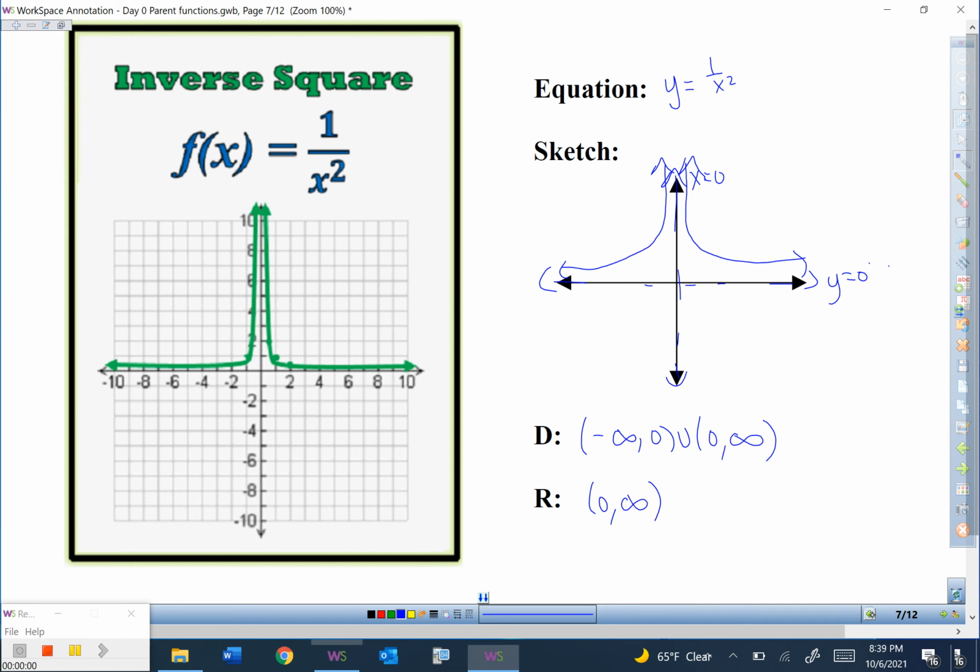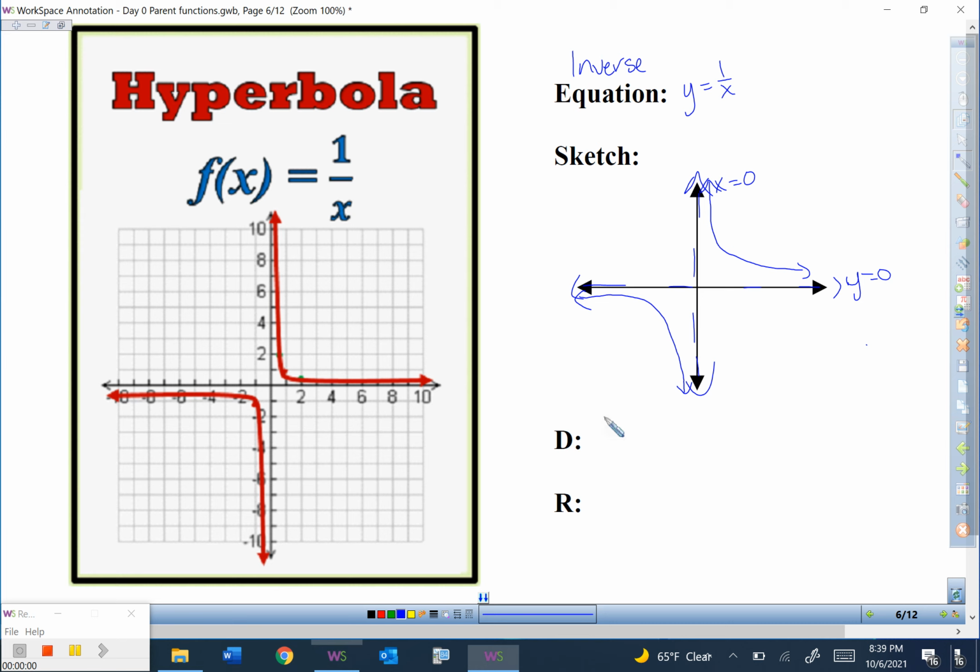That's different than the last one. Sorry, I missed it here. We're going negative infinity to 0, union 0 to infinity. But on the range, you do have negative values show up. So it actually looks the exact same as the domain, negative infinity to 0 union 0 to positive infinity, leaving out that 0 value.